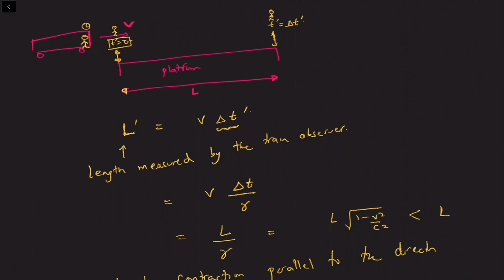The clocks that are used on the ground to measure the platform's length are not the same clock. There's one clock located at one end, another clock located at the other end. We know the separation between these clocks, and we make a simultaneous measurement on these clocks.